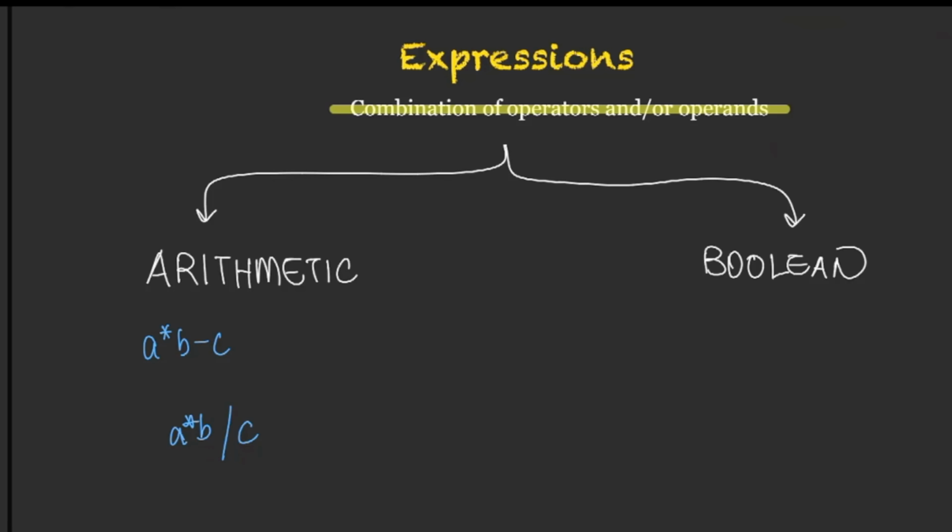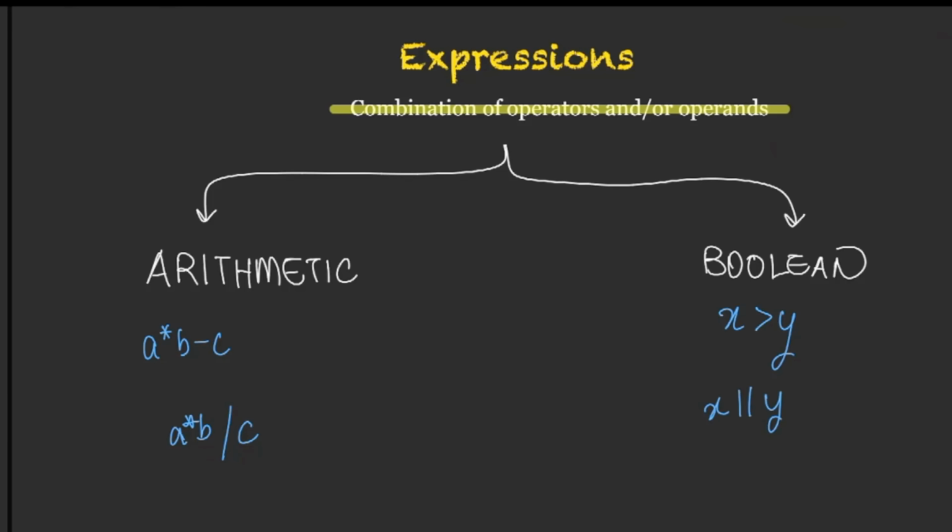A Boolean expression is a combination of constants, variables, logical, and relational operators. For example, x greater than y. So you see here are your variables and you have a relational operator. Another example would be x or y, etc.